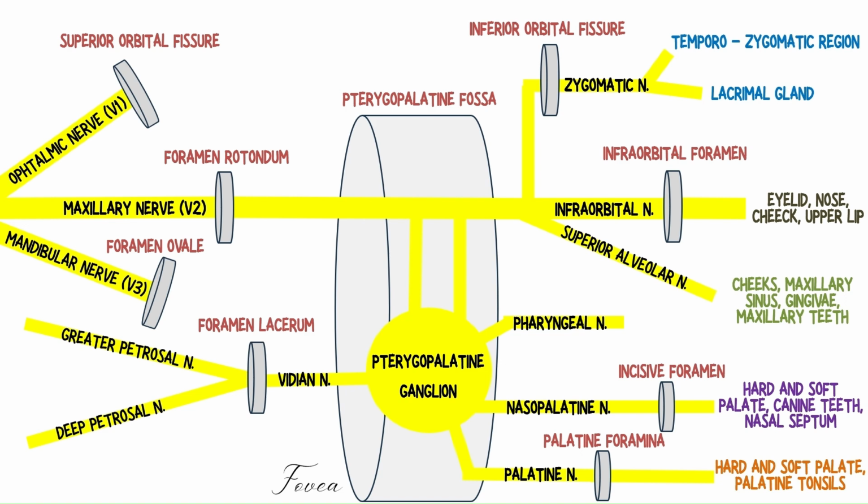The parasympathetic root of the pterygopalatine ganglion comprises preganglionic parasympathetic fibers which travel through the greater petrosal nerve, while parasympathetic preganglionic neurons traveling through the greater petrosal nerve make synapses with postganglionic cell bodies within the ganglion.